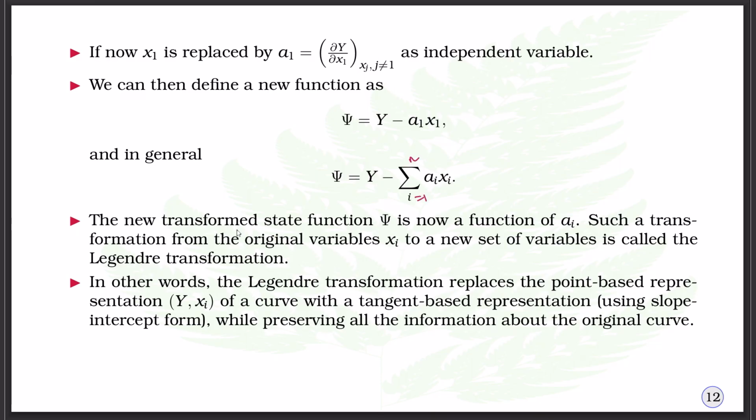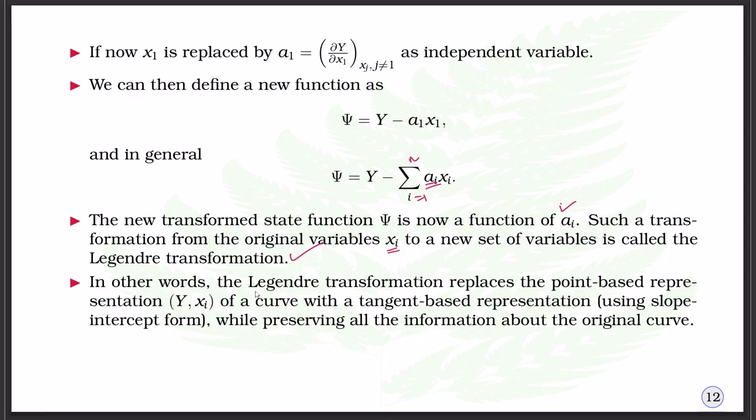The new transformed state function phi is now a function of ai. Such a transformation from the original variable xi to a new state variable is called the Legendre transformation. We write phi in terms of ai.